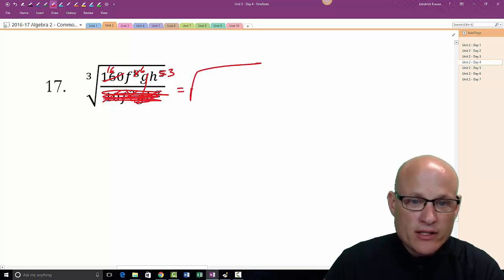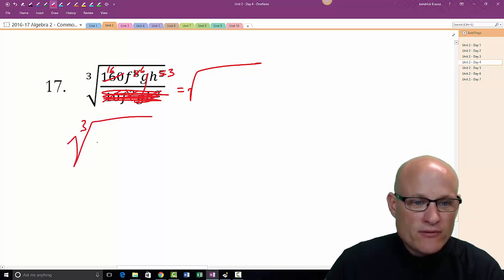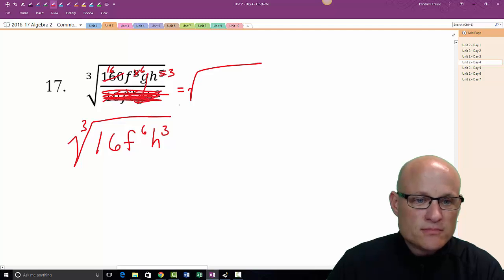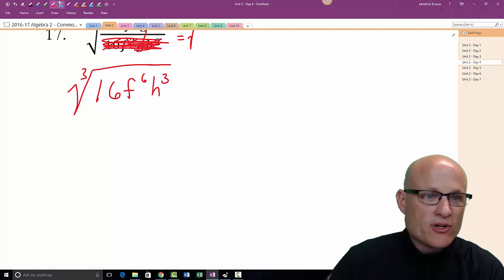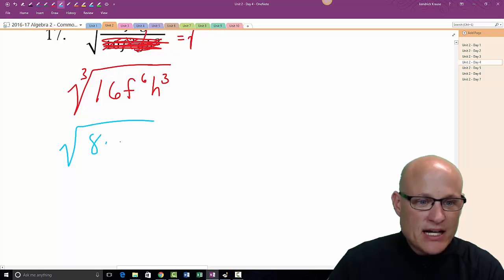So what I end up with is, let me do it here. The cube root of 16 f to the 6th h cubed. And I got to simplify that. So now we'll do the cube root of 8 times 2 f6 h cubed.